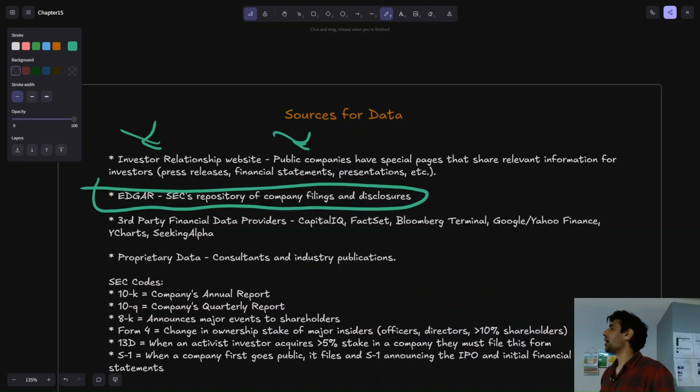You can find a lot of information on Edgar, like whether managers of the company are buying or selling stock in the company, right? So if you saw the CEO was selling a lot of stock, that is informative. Why is that informative? Why would you be interested to know whether the CFO or the CEO or some upper management is selling a lot of shares or buying a lot of shares?